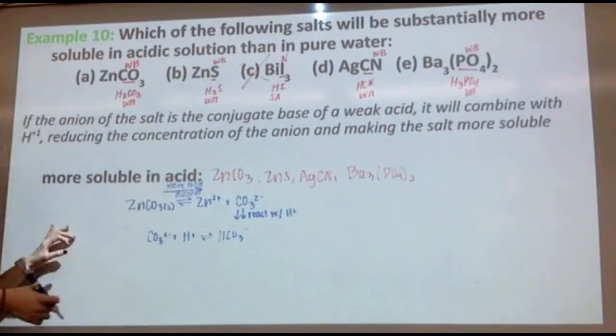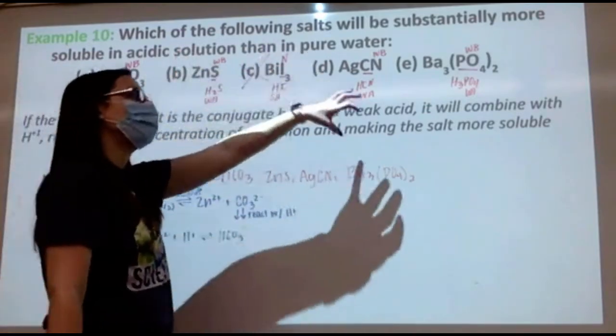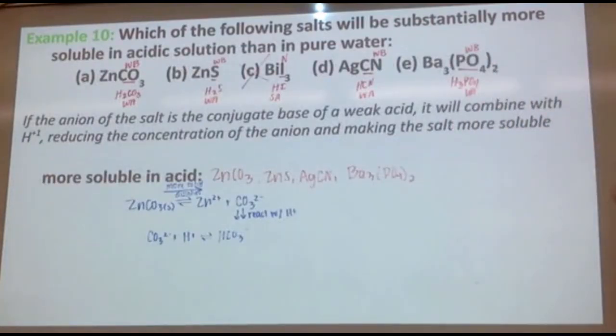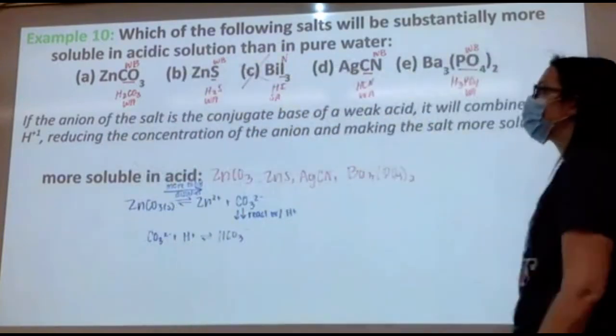More solid dissolving, we would say it's more soluble. So that's why A, B, D, and E are all more soluble in an acid, because they all have a base as part of their salt.